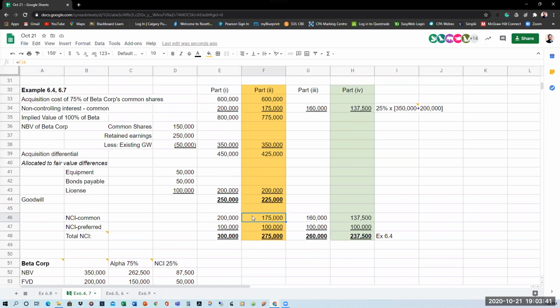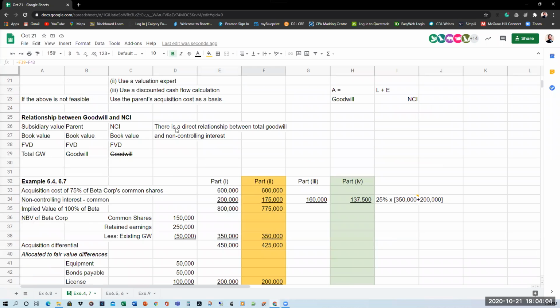NCI went down by $25,000 compared to part one. Well, what happens to goodwill? Goodwill in part one was $250,000. In part two it is $225,000, lower by $25,000. And that's what I meant. There is a direct relationship between total goodwill and NCI.